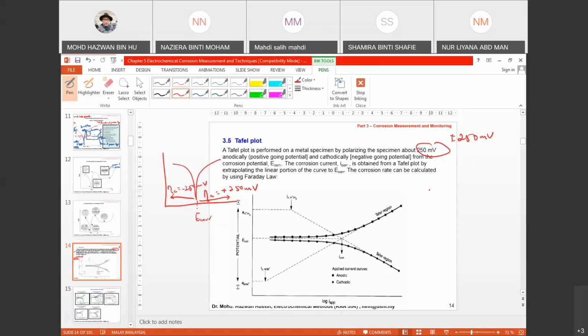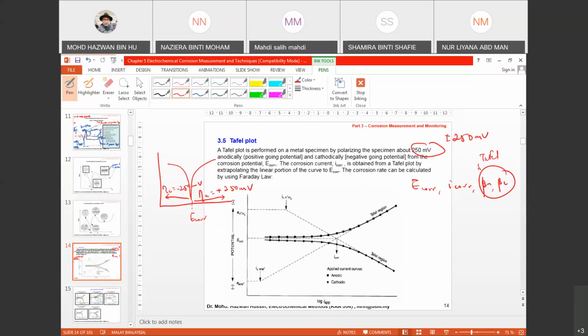Okay, so the information that you will get from a Tafel plot is basically what? You can get Ecorr, you can get Icorr, you can get beta A, you can get beta C, the Tafel slopes. And then from there also you can use Icorr to calculate corrosion rate and others.